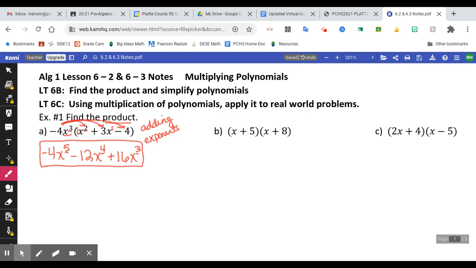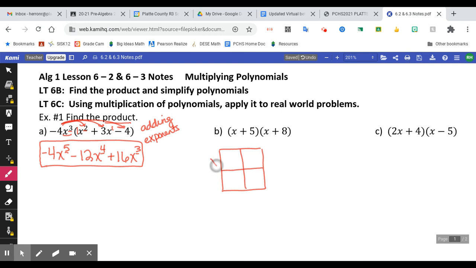Okay? Now, if I'm multiplying a binomial times a binomial, we actually can use what we call the box. So I'm going to make a box that matches these two parts, which is going to be 2 by 2.